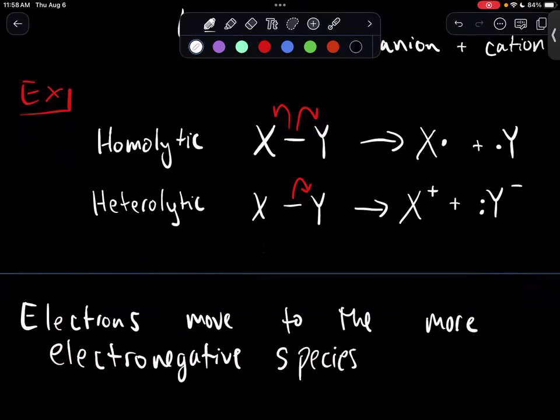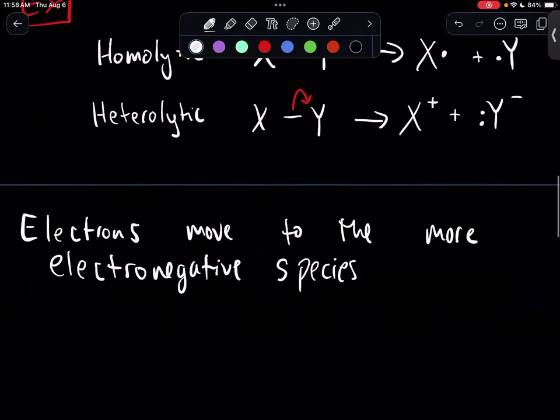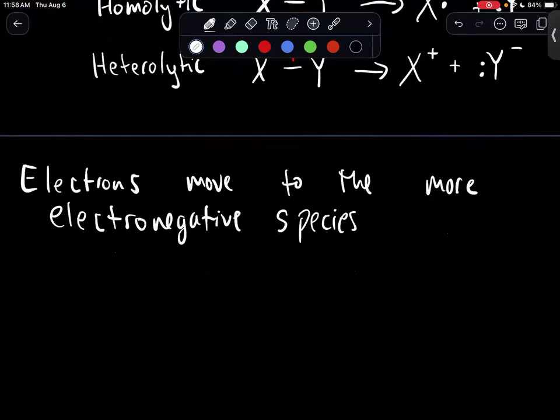This is something you're going to notice a lot if you haven't already, 126 lessons in. Electronegativity pretty much governs why electrons do any of their movement, and on top of that, all the movement of electrons is what chemistry is. So it once again comes back to electronegativity.